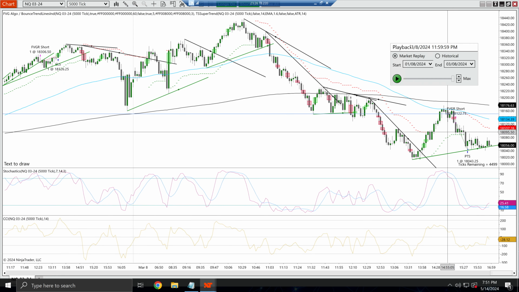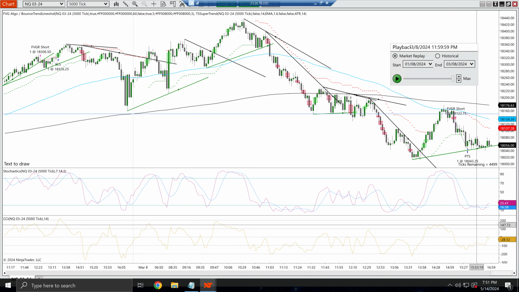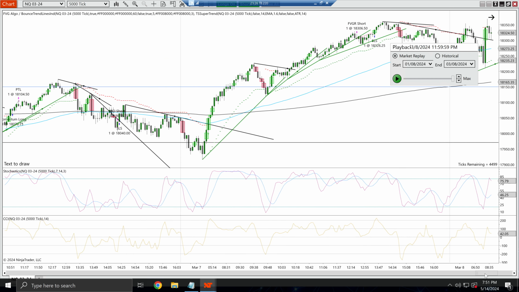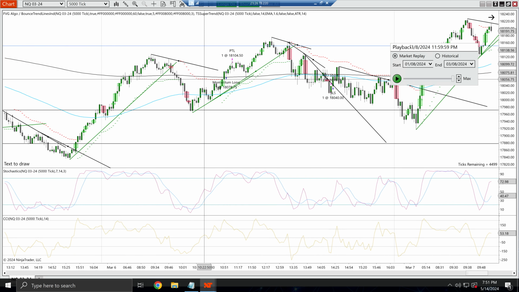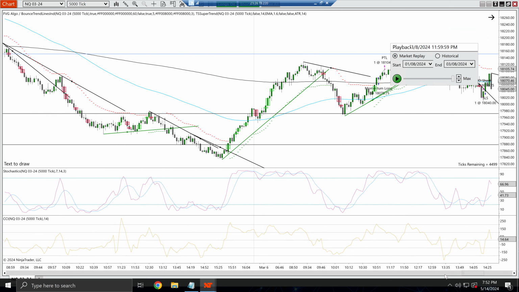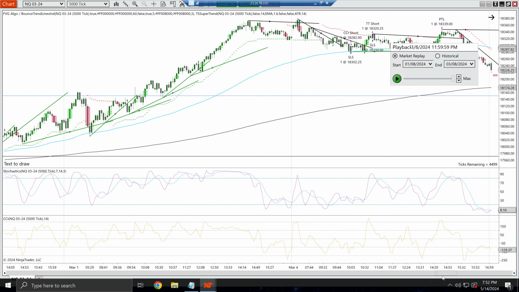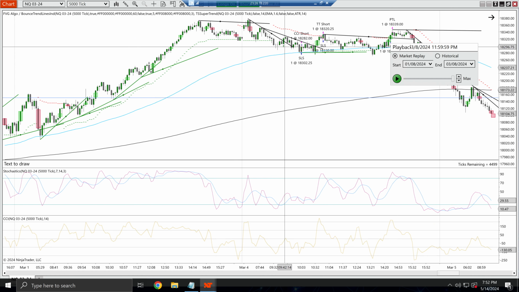Let me move it. So this was a reversal. This was the momentum long. This was a CCI short. This one didn't quite work out, but nevertheless, this was the short.